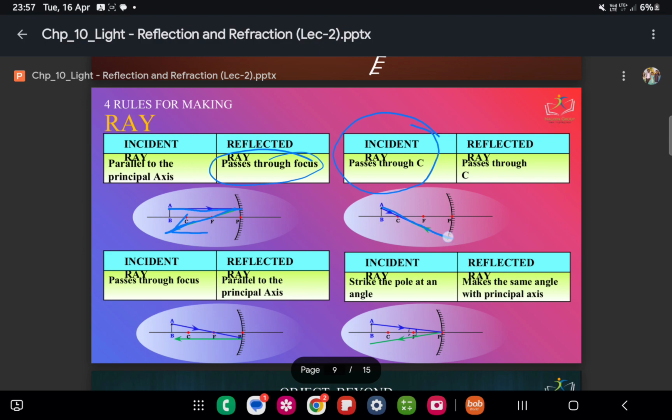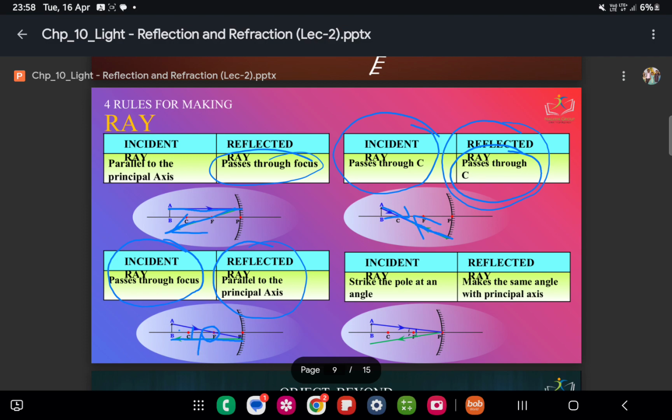will rebound back along the same path, so it is represented as reflected through the c, the center of curvature. Then coming to the third one, an incident ray passes through the focus, then the reflected ray will be parallel to the principal axis; both the principal axis and reflected ray are parallel to each other.